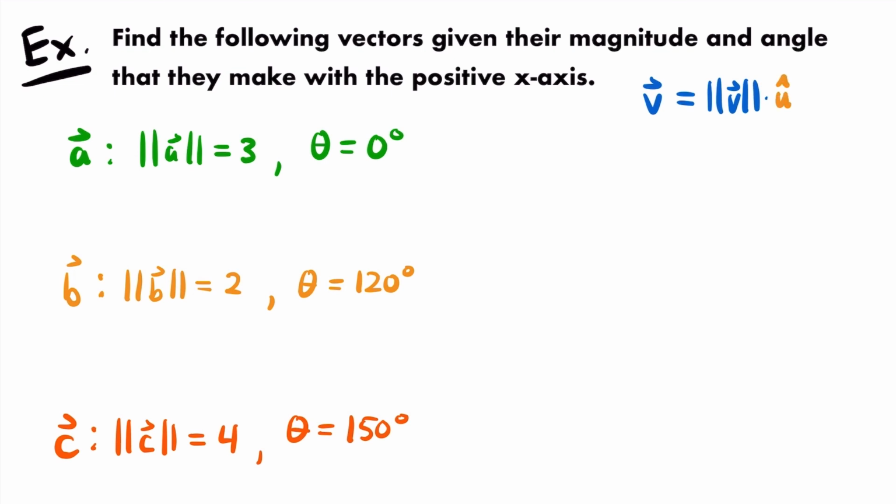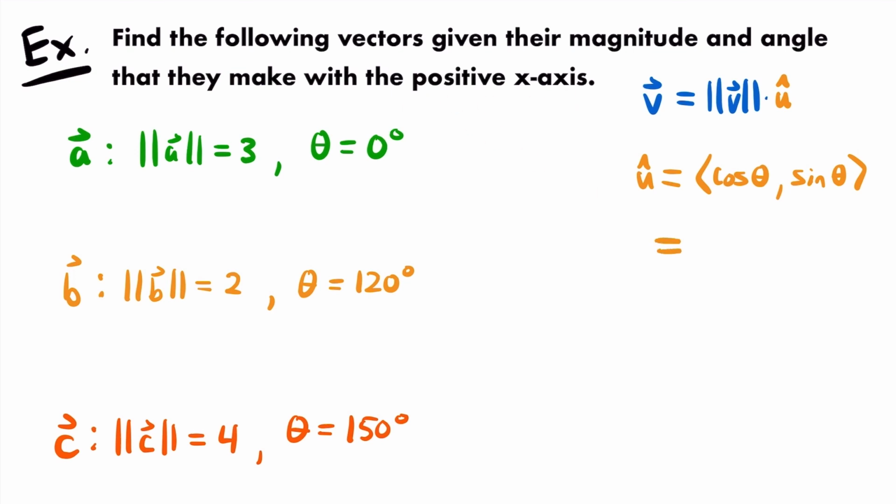I talk about this in the lesson video for this topic, but another way that you can represent this unit vector is with the following vector. It will be equal to cosine of theta, comma, sine of theta, where theta is the angle between the vector and the positive x-axis.